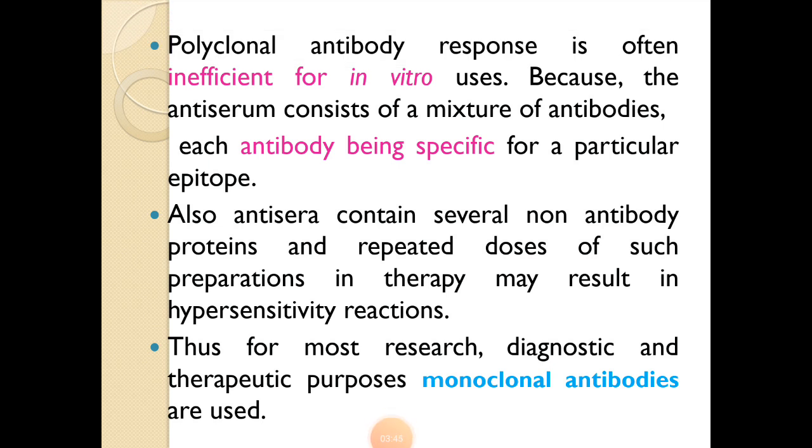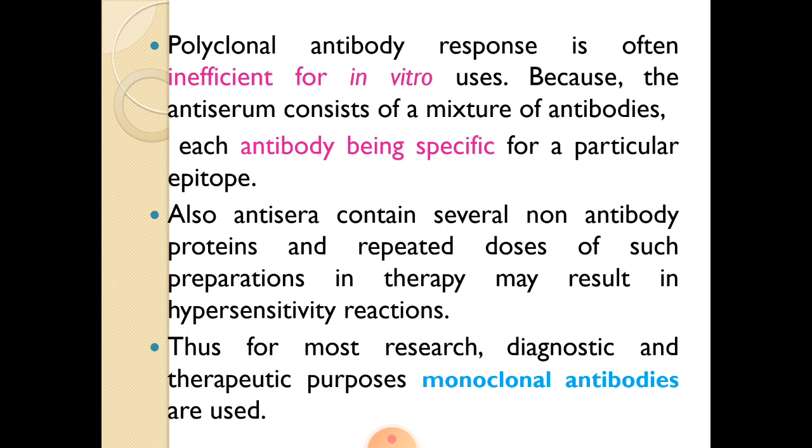What is the polyclonal antibody response? It is often inefficient for in vitro uses because the antiserum consists of a mixture of antibodies, each antibody being specific for a particular epitope.